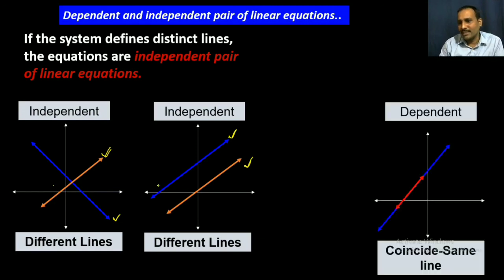Suppose in this situation both the lines are coinciding with each other, which means both the lines are the same. That's why these two lines are called dependent lines. So in these two cases, the given equations are an independent pair of linear equations, and in this case the system of linear equations is dependent.